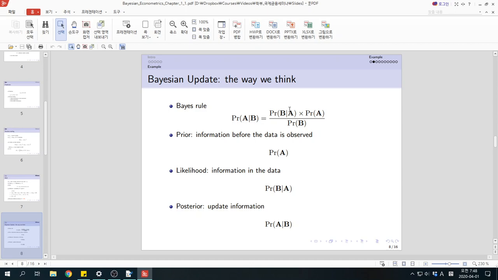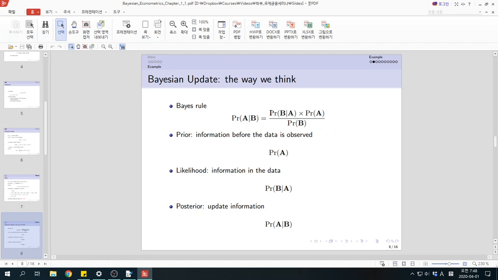Okay, suppose A and B are both random variables, and suppose A and B have no correlation. There is no relation between A and B. They are independent. That means B has no information about A, right?